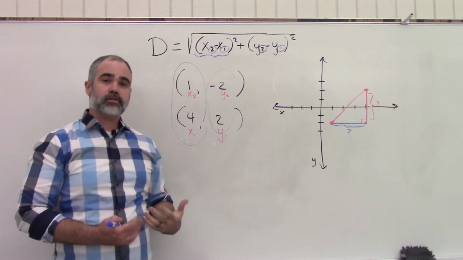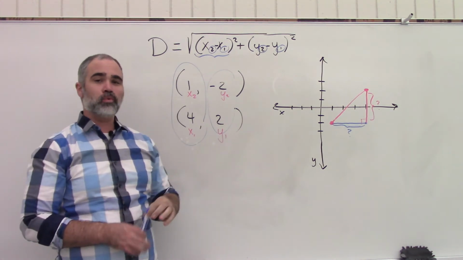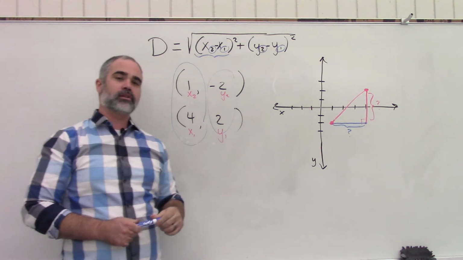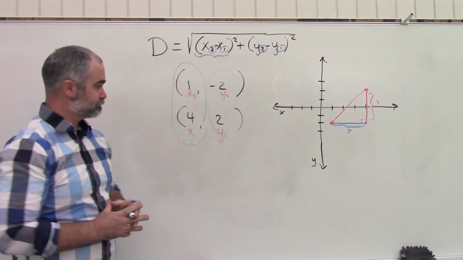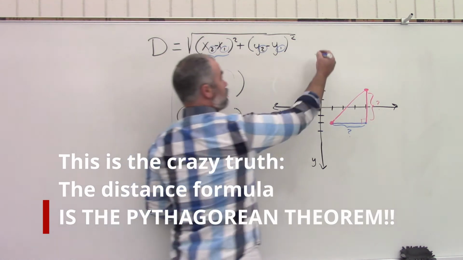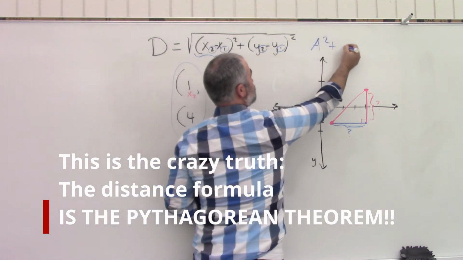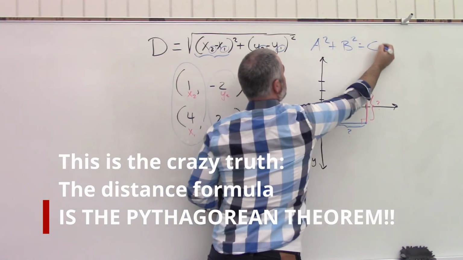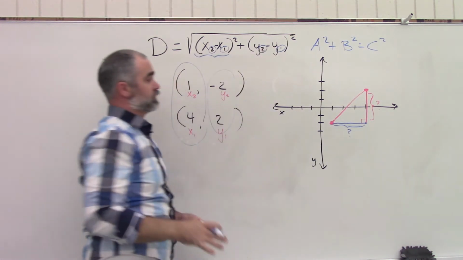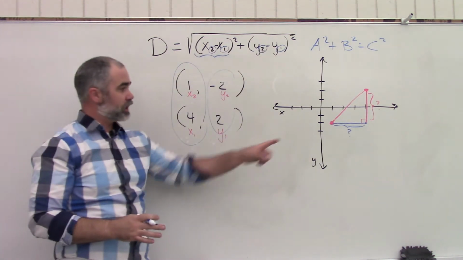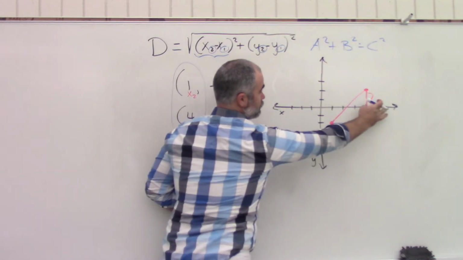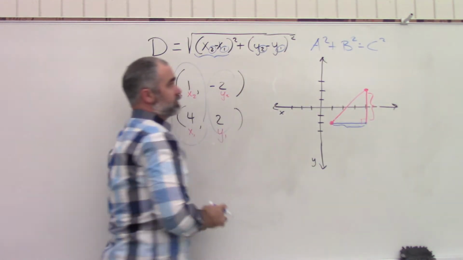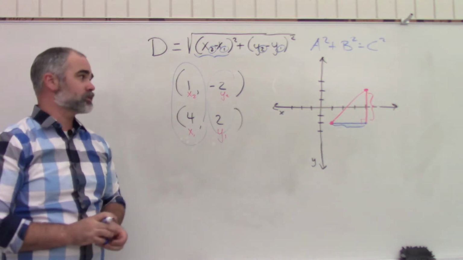The long side of the triangle is called the hypotenuse, and you already know a formula to find the long side of a right triangle, the Pythagorean theorem. If you don't know it, it's a squared plus b squared equals c squared. All that says is I find the length of the first one and square it. Find the length of the other side and square it. And that equals the length of the third side squared.